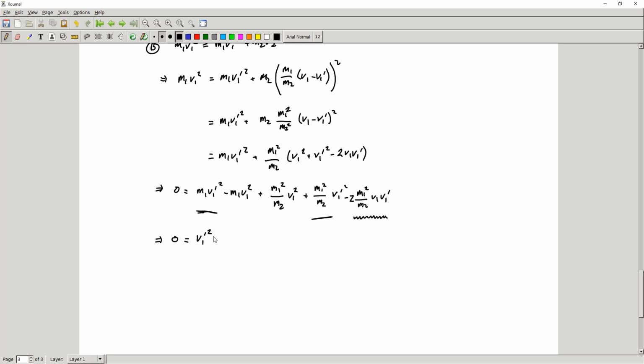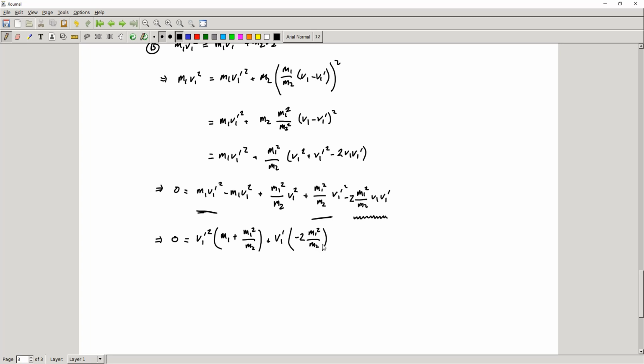If we do that, we end up with an equation that looks like this. So v1 prime squared. What did we have multiplying v1 prime squared? Well, over here we had m1, so m1. And then over on the right there we had m1 squared over m2, right? So that's great. What do we have hitting our v1 prime to the power of 1 here? Well, all we had was that one term, so it's a minus 2 m1 squared over m2 v1, right?